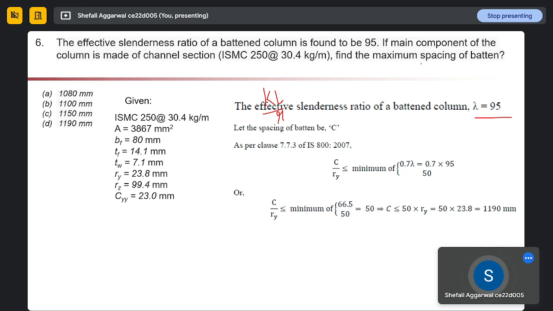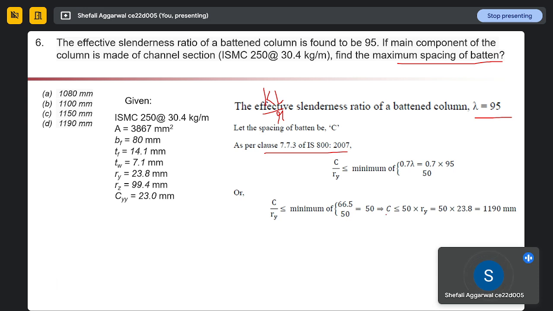What we have to calculate? We have to calculate the spacing of batten. So we are assuming a spacing of batten as C. So this clause we have seen in IS 800. This clause is given as C divided by ry should be less than equal to minimum of 0.7 lambda or 50. This we have calculated before also. So 0.7 into lambda, lambda is 95. Either it should be minimum of 66.5 or 50. Minimum is 50.